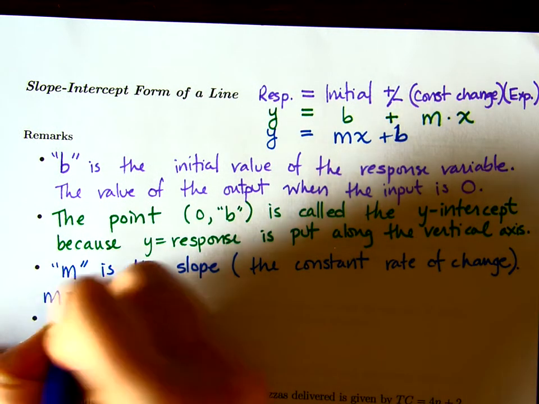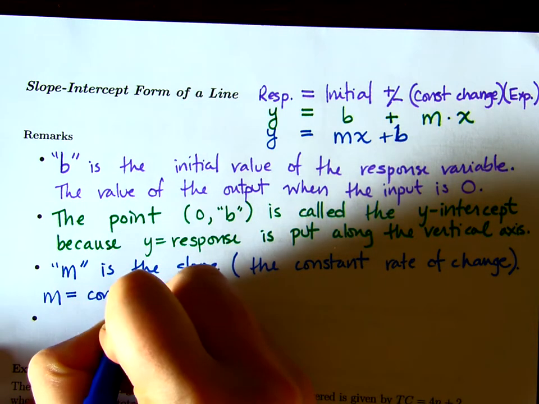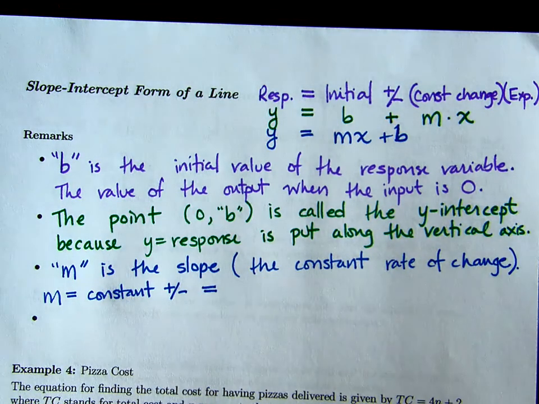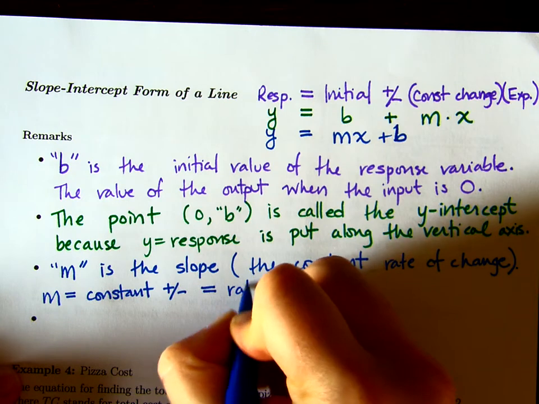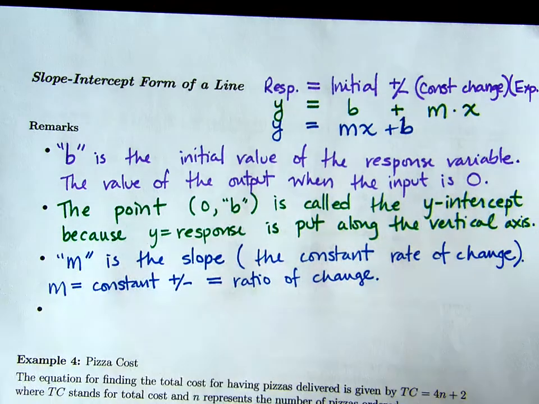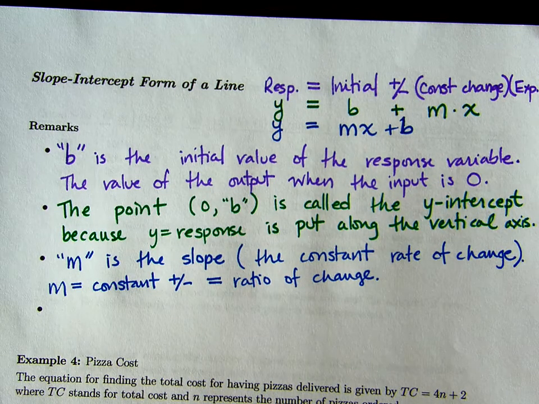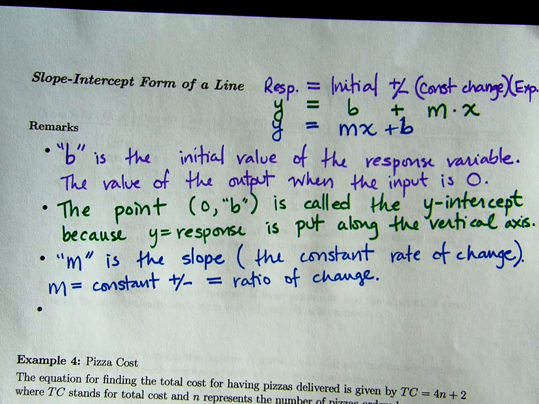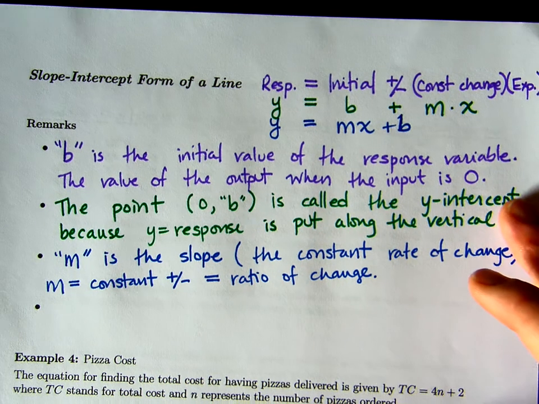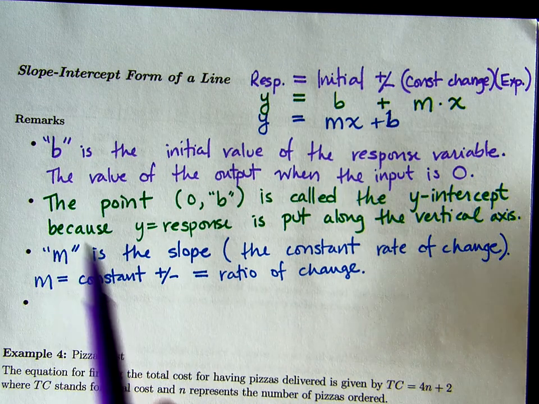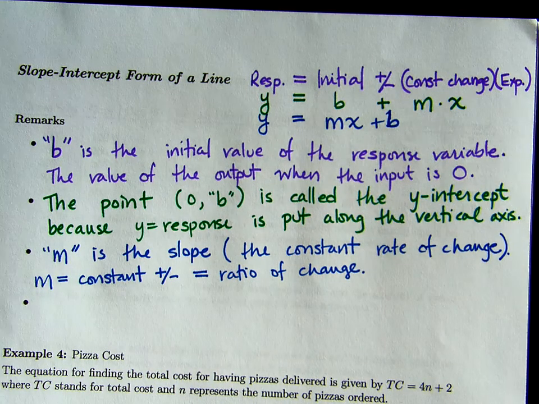So m equals constant add or subtract amount every time and is also equal to the ratio of change. Yeah. Lots of synonyms running around, or rephrasing of the same business, or reinterpreting to fit the context of the situation. And I think that's why everyone gets lost. And that's because we really do use all of these turns of phrase to just indicate the slope, and even m.